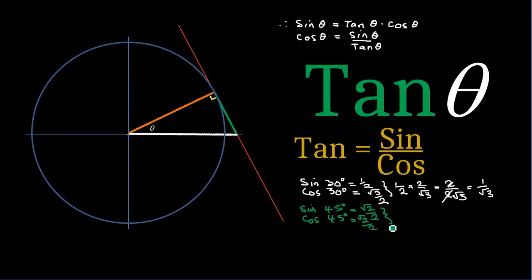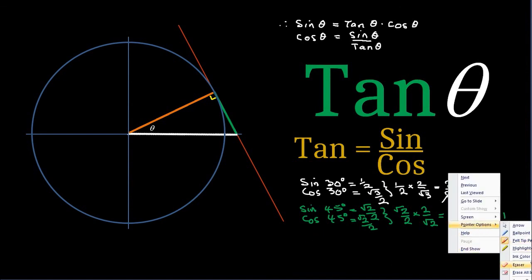So if we calculate the sine of 45 degrees divided by the cosine of 45 degrees, what have we got? Root 2 over 2 divided by root 2 over 2 is the same as times 2 over root 2. Equals, well, 2 root 2 in the numerator and 2 root 2 in the denominator. Both cancel to get 1 over 1 equals 1. And the tangent of 45 degrees is indeed 1.